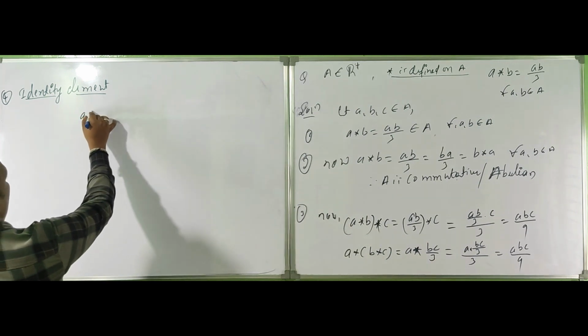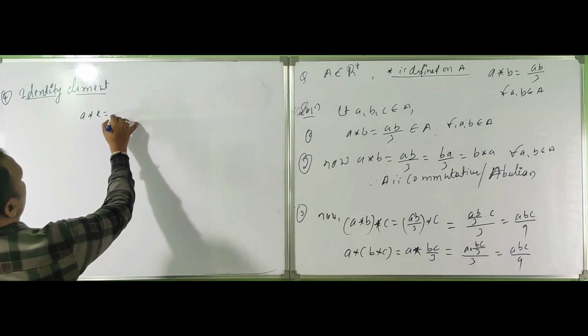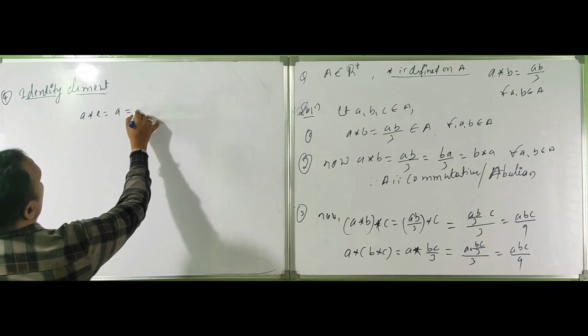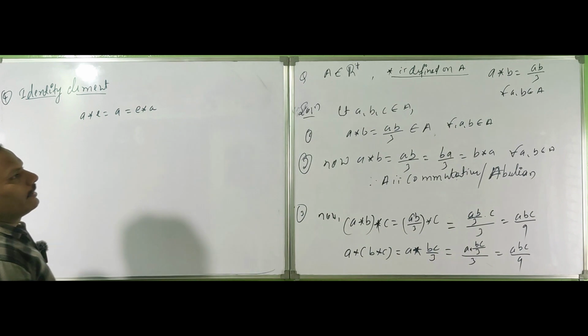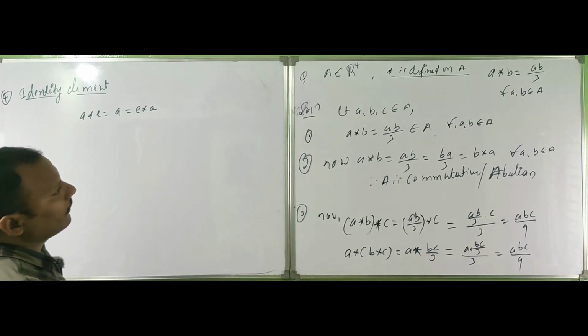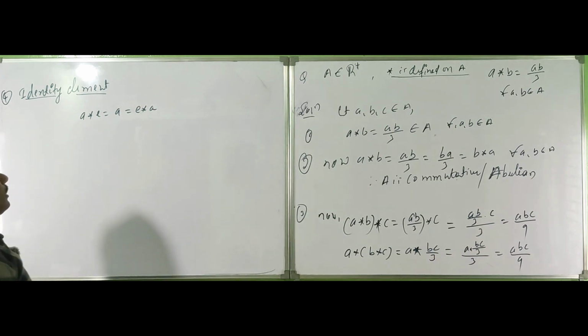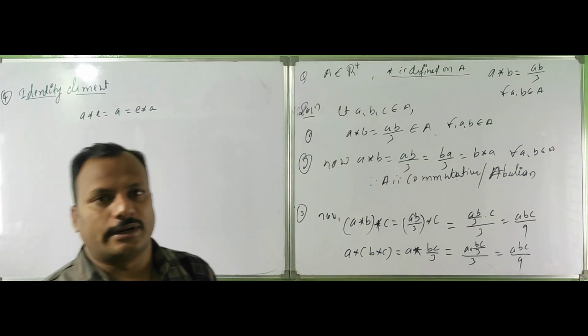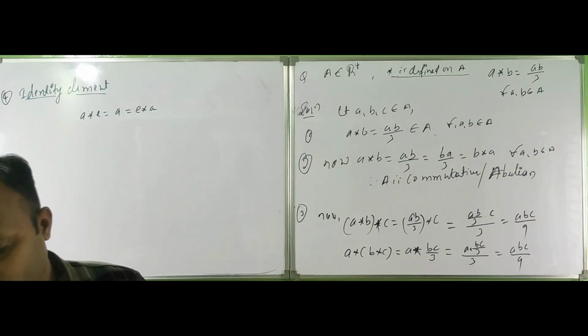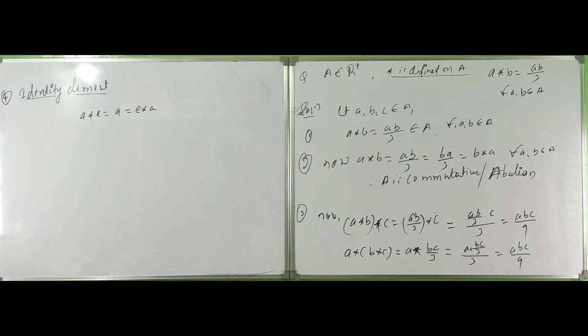Have to show A star E is equal to A is equal to E star A. What is the identity element here? I should get A only. Just think about it.